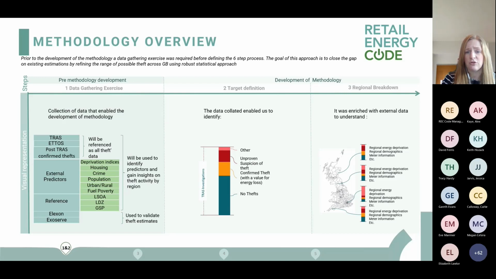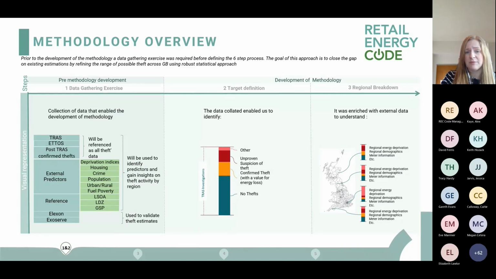So we gathered these using official national statistics where we could, that we could then enrich the data set using the TRAS data, both the theft and the consumption data as a starting point.